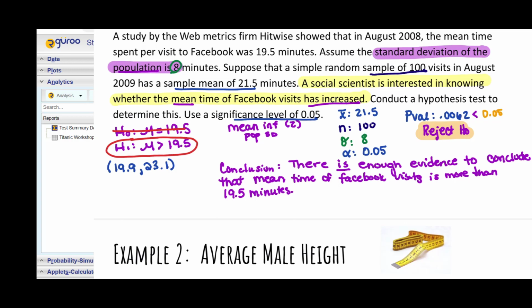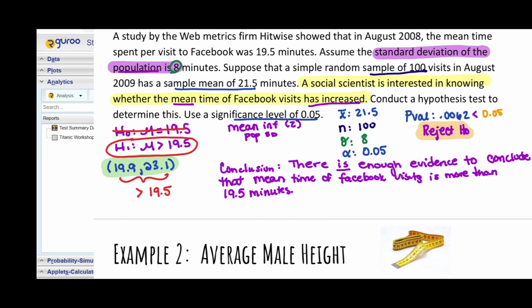All right. Now let's go over here to our confidence interval, and let's see if this agrees with our conclusion. So comparing this to our 19.5, this whole thing is greater than 19.5, the whole confidence interval.